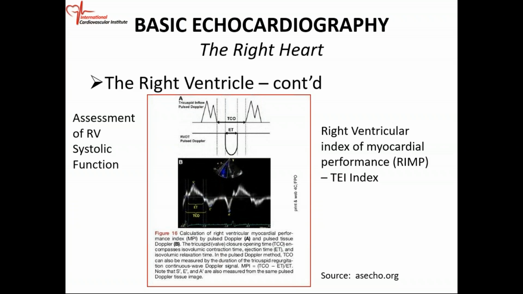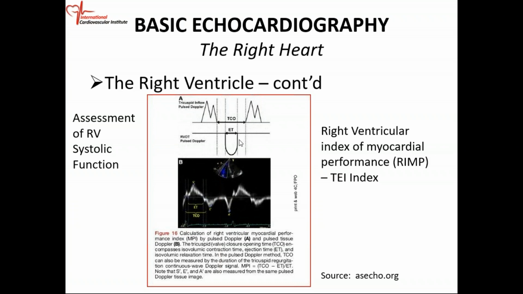It opens to allow blood to flow from the right atrium to the RV. At the end of diastole, the tricuspid valve closes, and then when diastole starts again, it opens. So RIMP is the duration from tricuspid valve closure to tricuspid valve opening. You're going to subtract from that the ejection period.